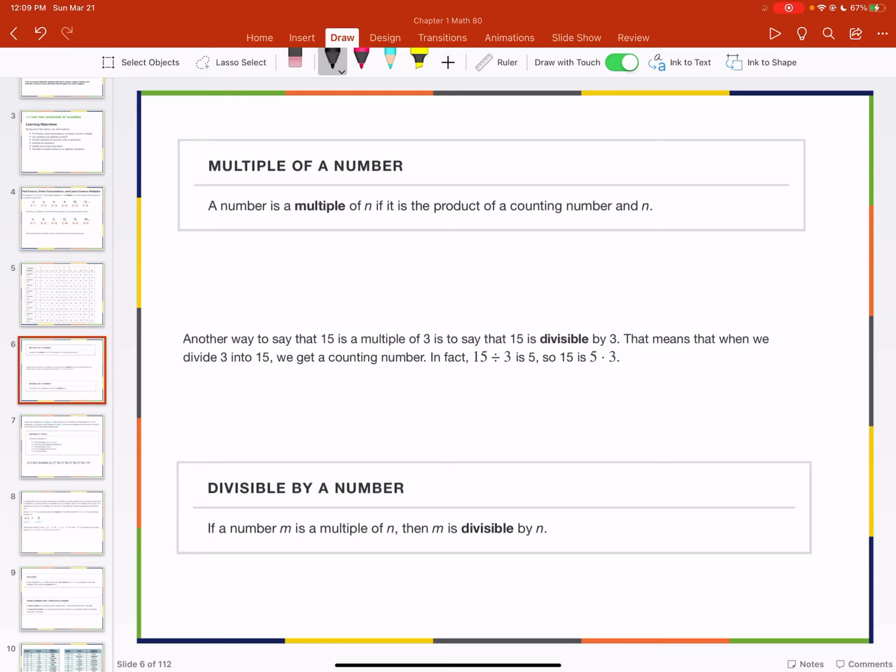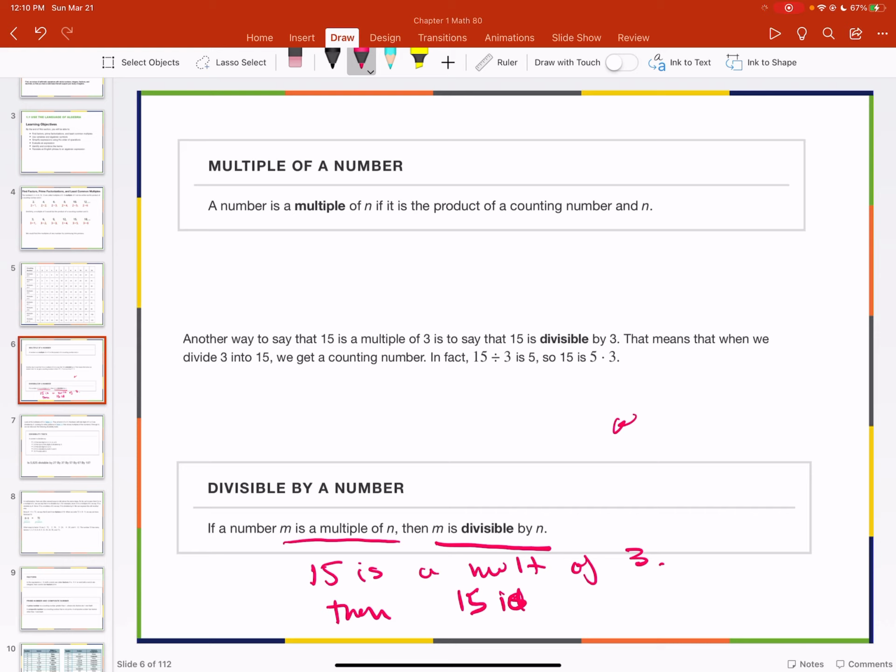So if a number m is a multiple of n, then m is divisible by n. Since 15 is a multiple of 3, then 15 is divisible by 3. That makes sense, right? You can divide by it.